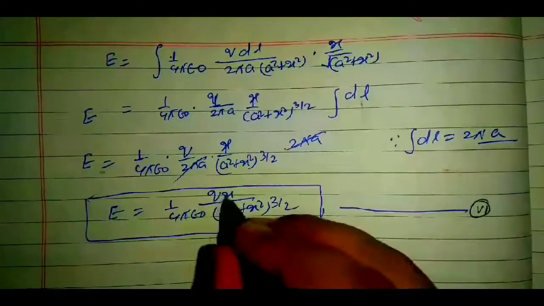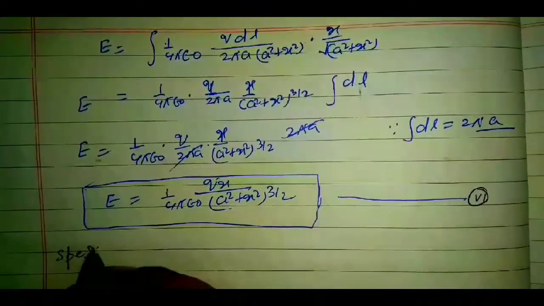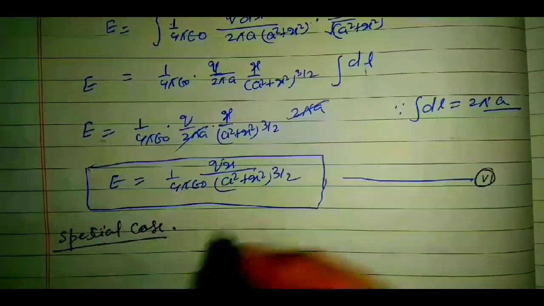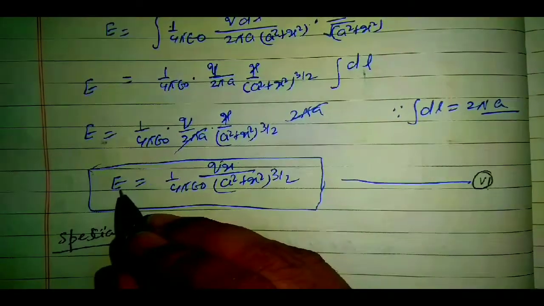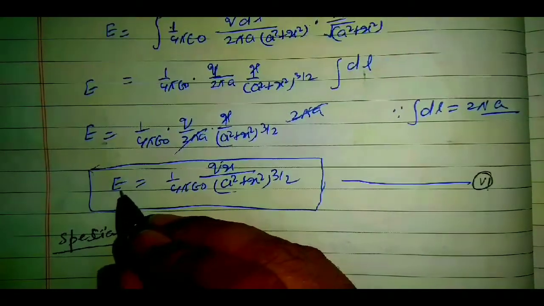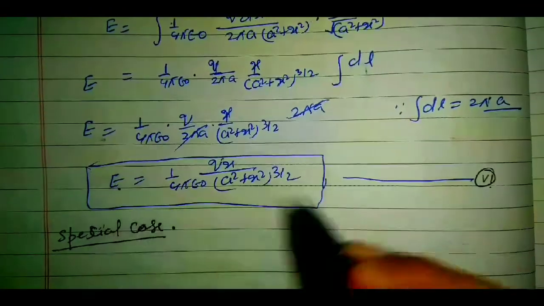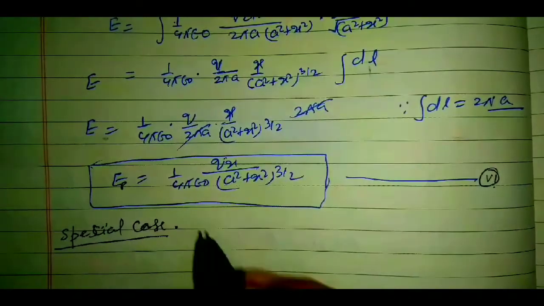This is qx. See some special cases. This equation 6 represents the total electric field E due to the charged ring at point P. This electric field intensity at P is given by this formula.